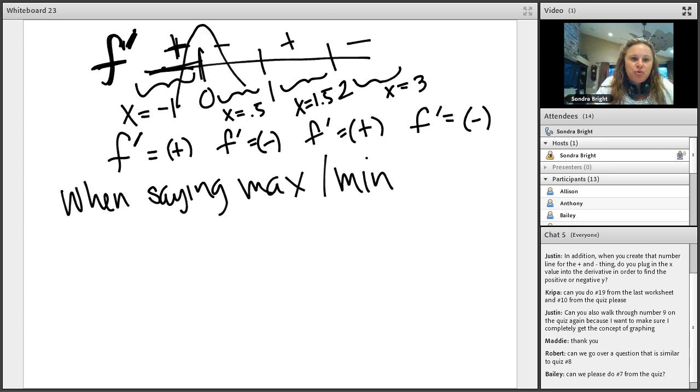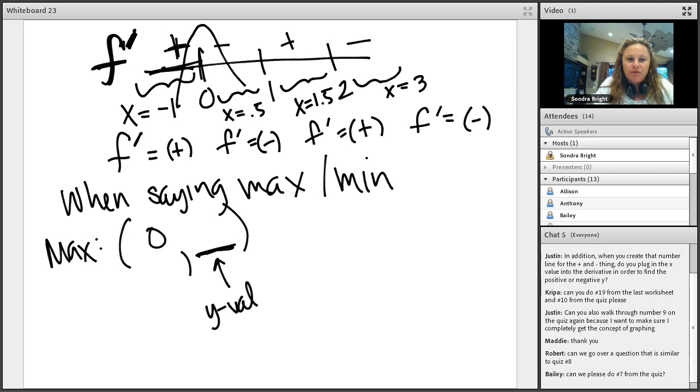Then you've got an ordered pair for your max, right? And so it would be 0, and then this guy is the y value for when x is 0. So y value for f of x, not the derivative.